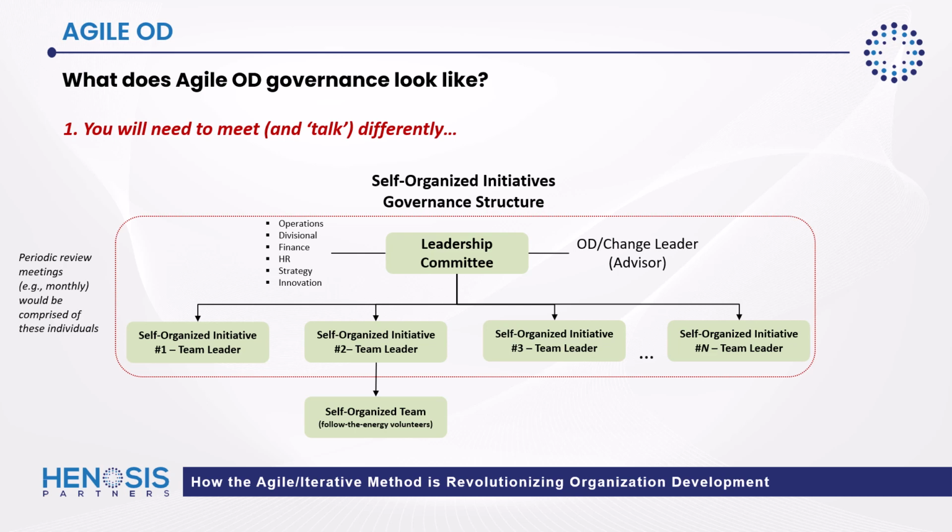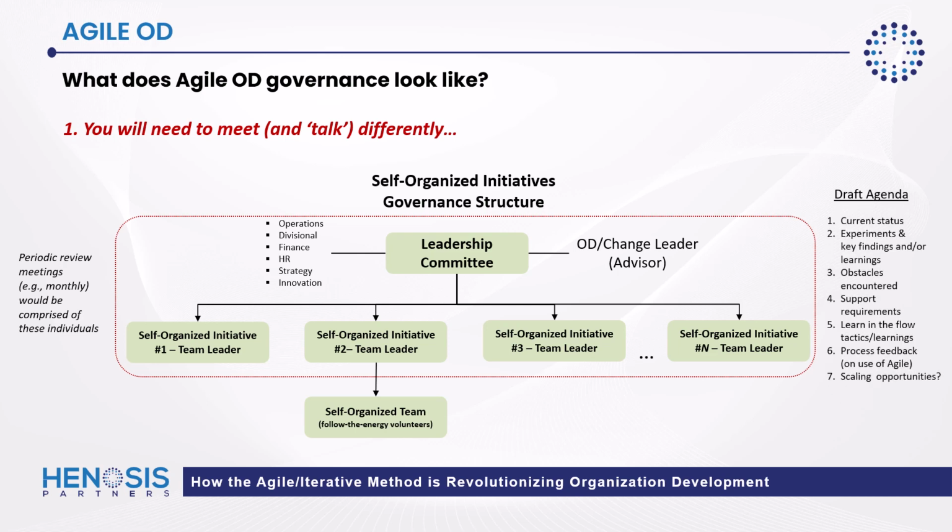It's comprised of a leadership committee, you serving as the OD change leader advisor, and the team leaders of each of the self-organized initiatives that have been tasked with helping solve for the complex adaptive challenge. Such review meetings would typically be conducted monthly, and the draft agenda for such meetings would look like the following.